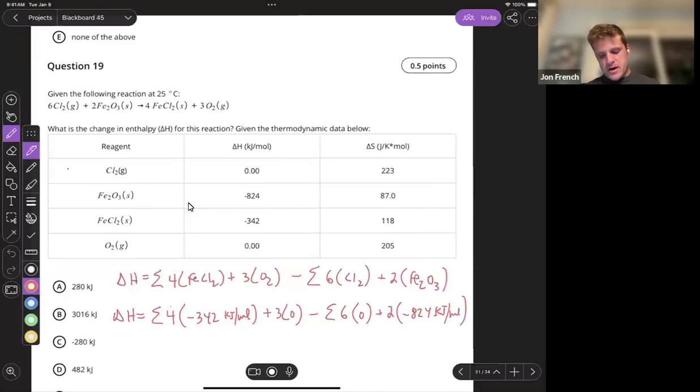kilojoules per mole. Multiply by our molar coefficients again. Moles cancel out. All right, we can ignore the zeros. They're not going to change our calculation any. So 4 times minus 342, I get negative 1,368 kilojoules minus a negative 1648.